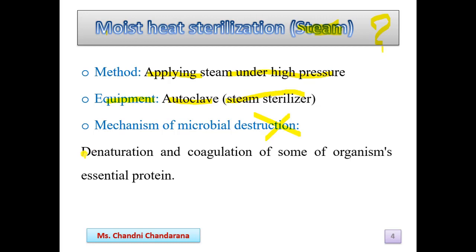There is denaturation and coagulation of some organisms' essential proteins, a destruction of the structure of essential proteins. So this is how the steam sterilization process is carried out and how it works, and it is done by the autoclave, that is the steam sterilizer.